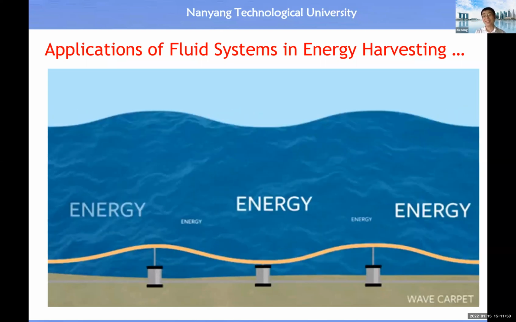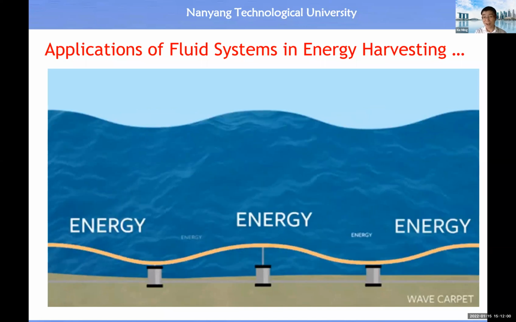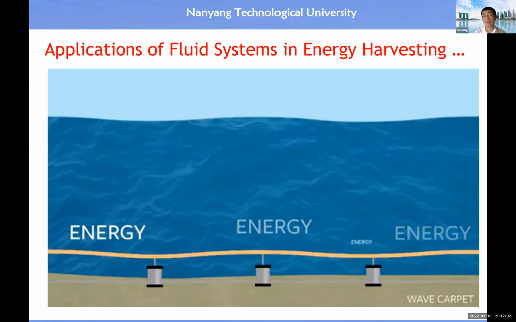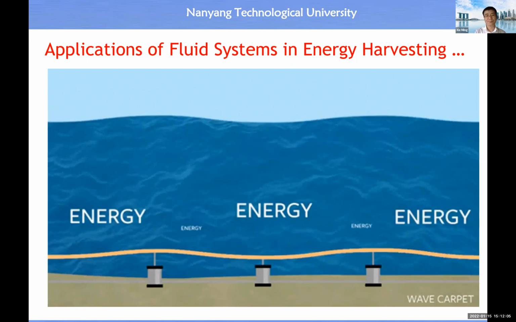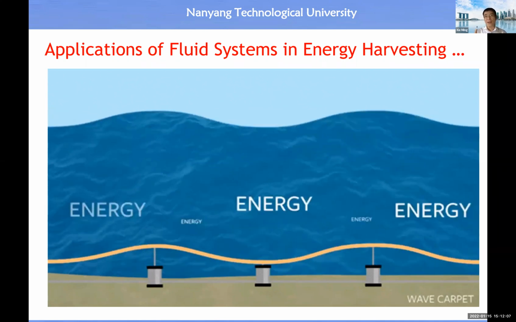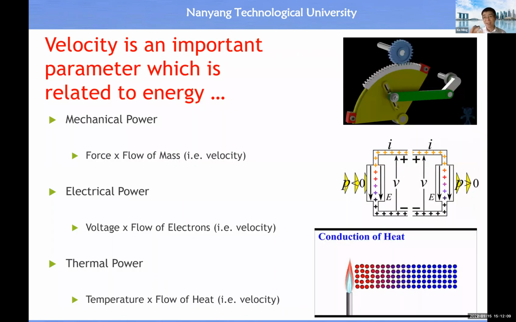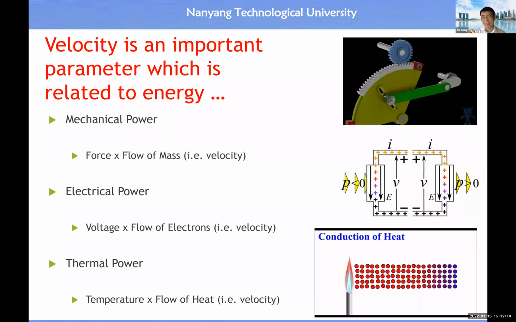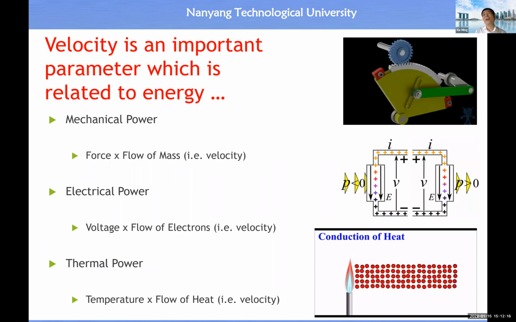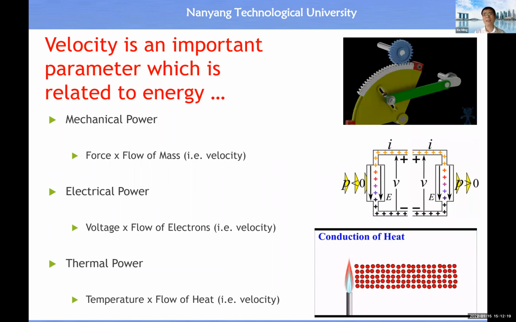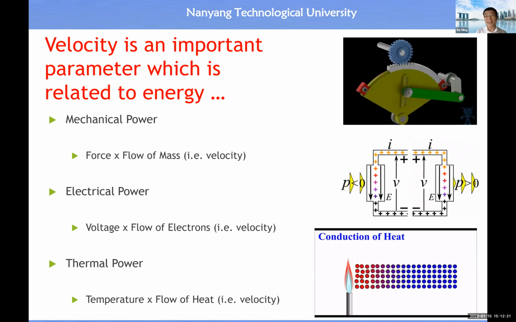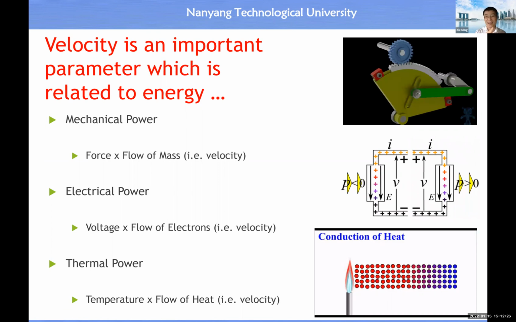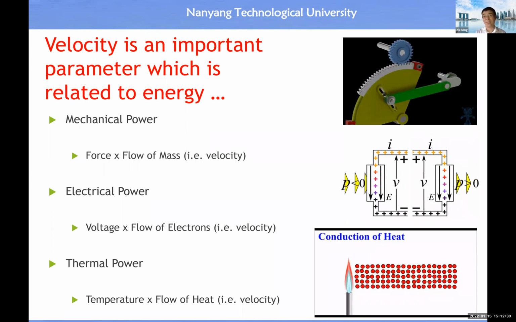And in this case, you understand the important parameter is also velocity. It is not flow rate, right? So velocity is a very important physical quantity, which is independent from flow rate. Actually, flow rate depends on velocity. And here you will see the presence of velocity inside mechanical energy, electric energy, and thermal energy, for example.